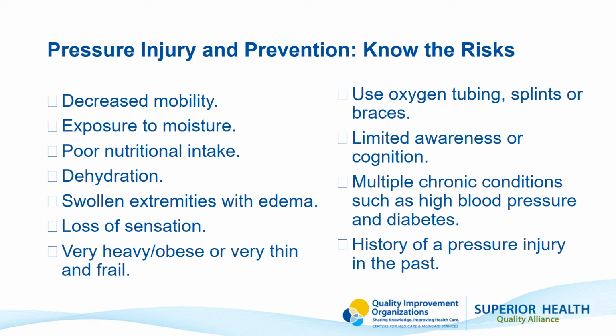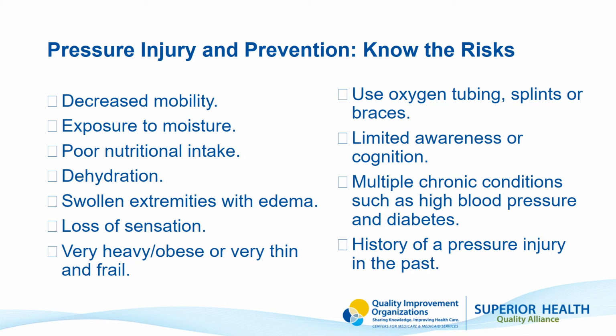Poor nutritional intake, dehydration, swollen extremities with edema, and loss of sensation leaving a resident less sensitive to pain and pressure also place a resident at increased risk for developing pressure injuries.